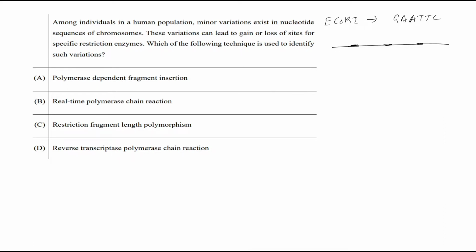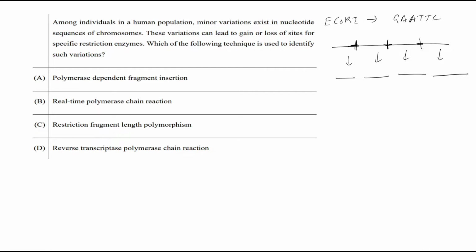After the application of this enzyme, it will result in fragments, right? It will cleave at this place, this place and this place, and it will lead to the production of fragments. This gives this fragment, this one, this one, and this is the fourth fragment. So there will be four fragments.